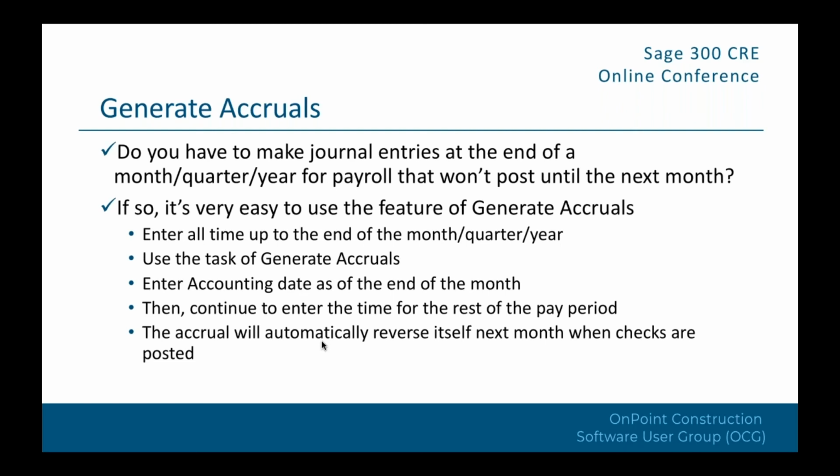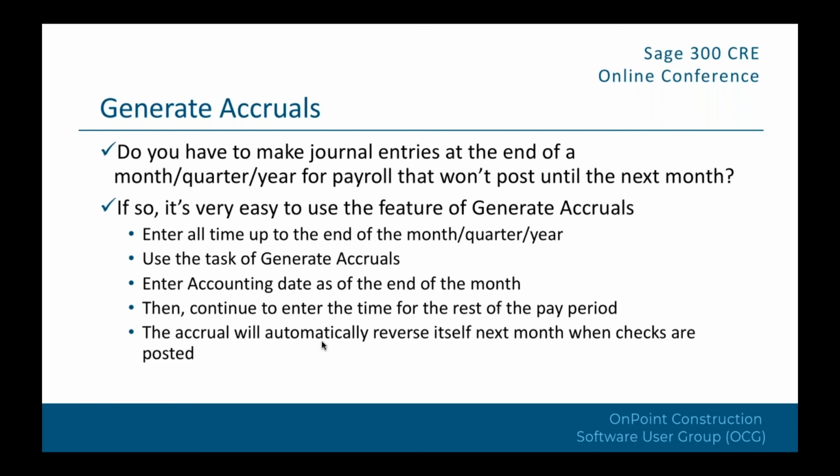So you want to, on that last pay period, enter all the time up until the end of the month or the quarter or the year, whatever you're at, and not enter anything for the going into the next month. You want to then use the generate accrual task, and you enter the accounting date for the end of the month.